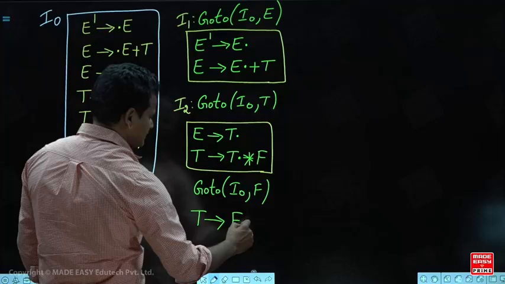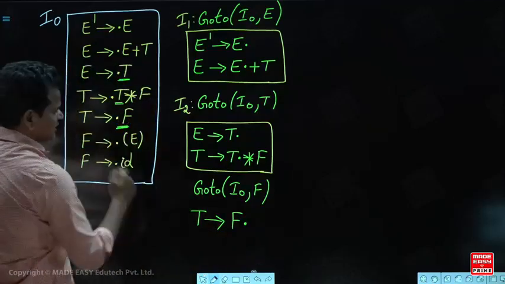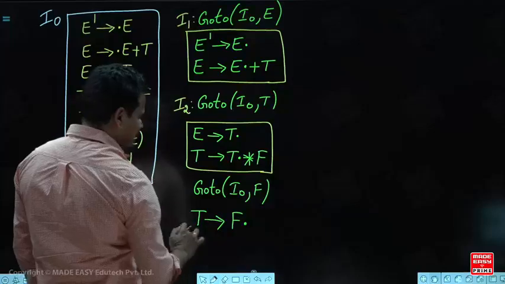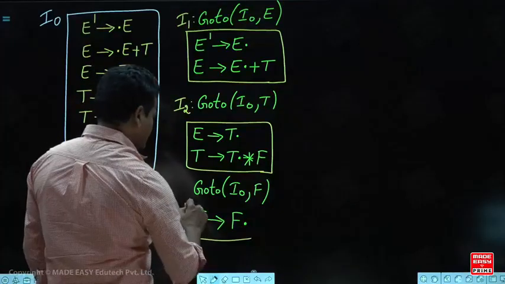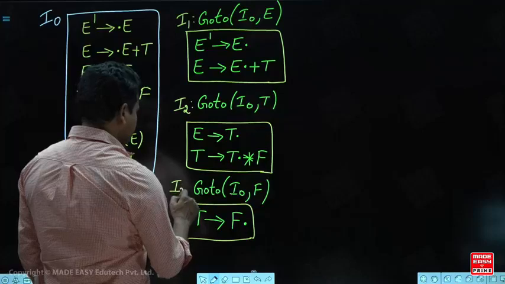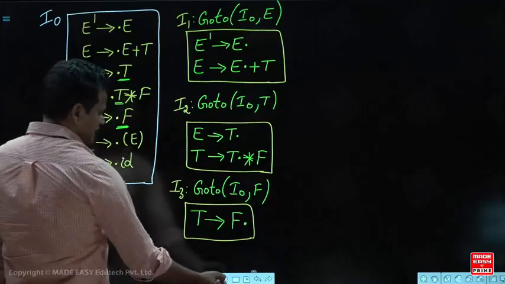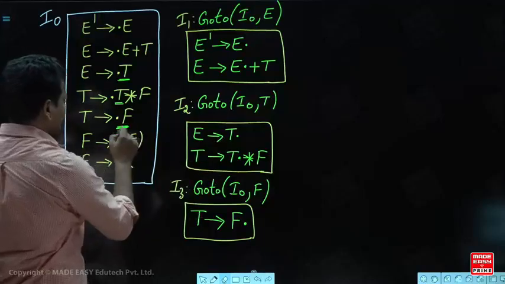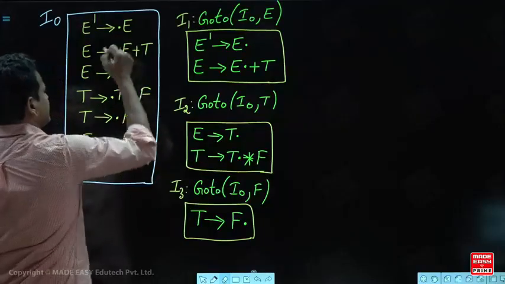Just move the dot. I have moved the dot. And what is the symbol after the dot? Nothing. If nothing is there, you cannot add any other productions in this state. So close it and name it as I3. So I0 comma E, I0 comma T, I0 comma F. We have done up to F.